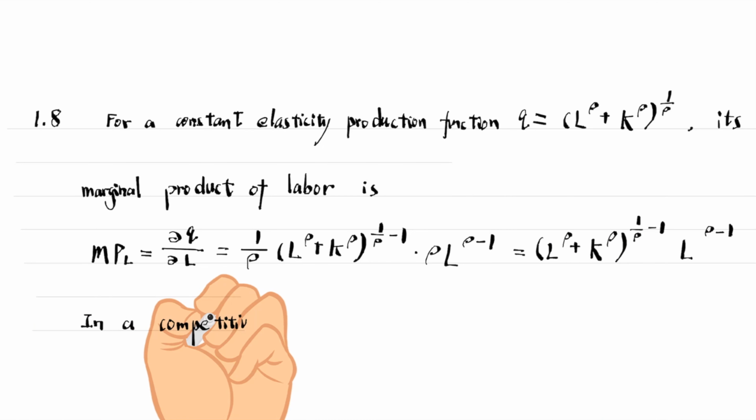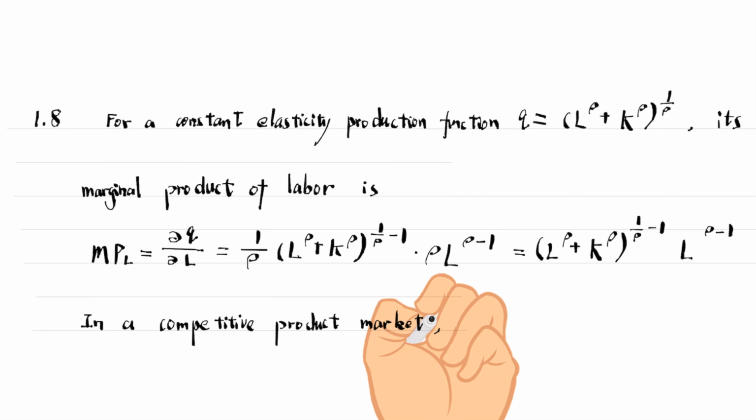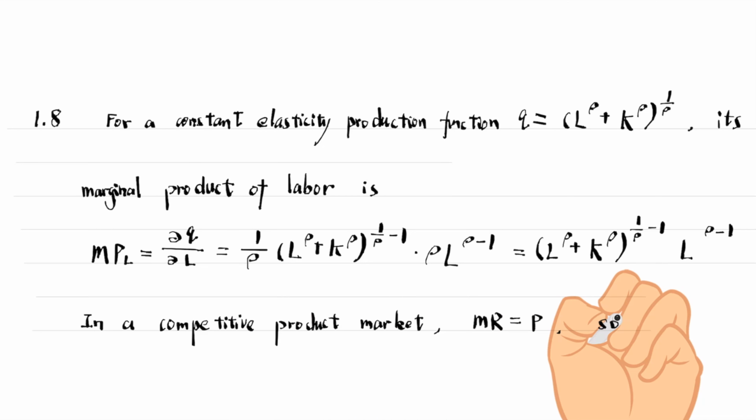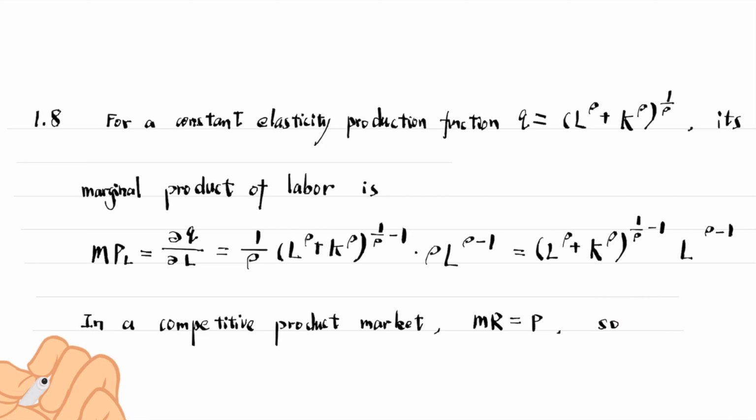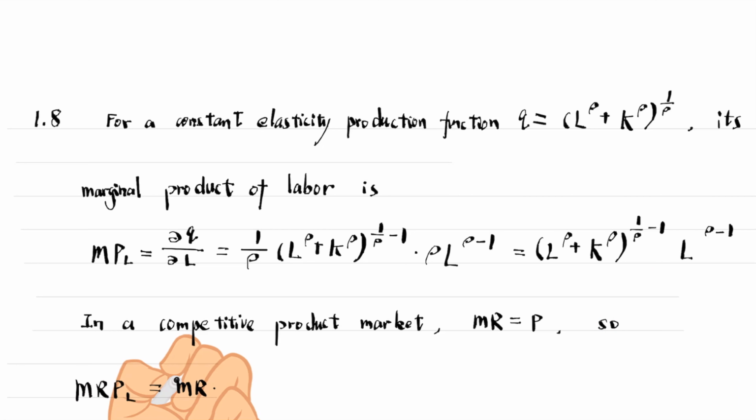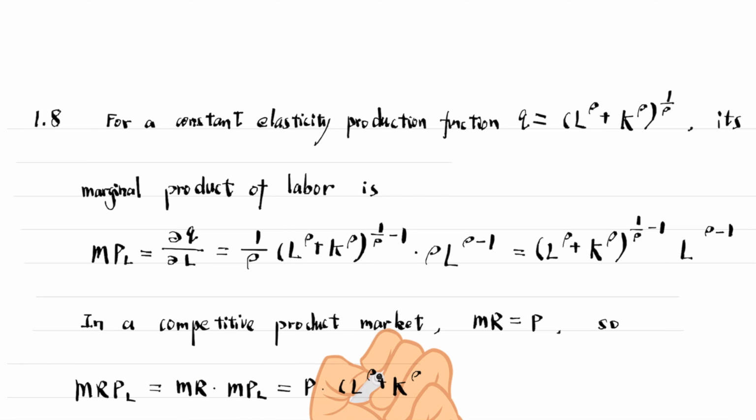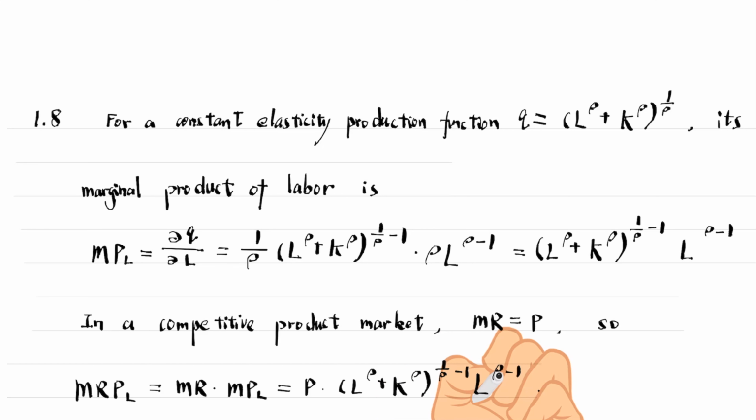In a competitive output market, the marginal revenue of output equals the market price P. The marginal revenue product of labor equals the marginal revenue of output times the marginal product of labor.